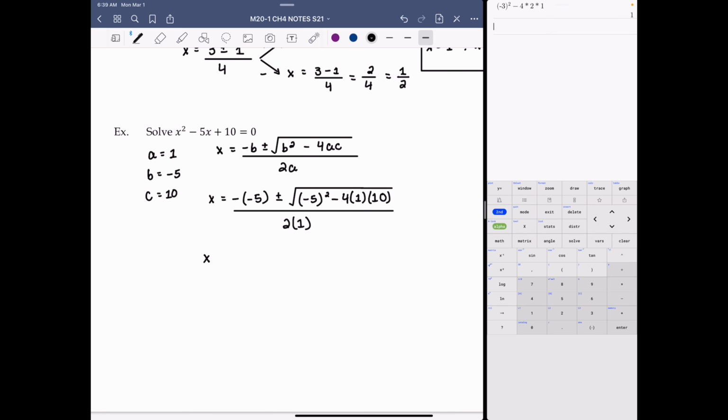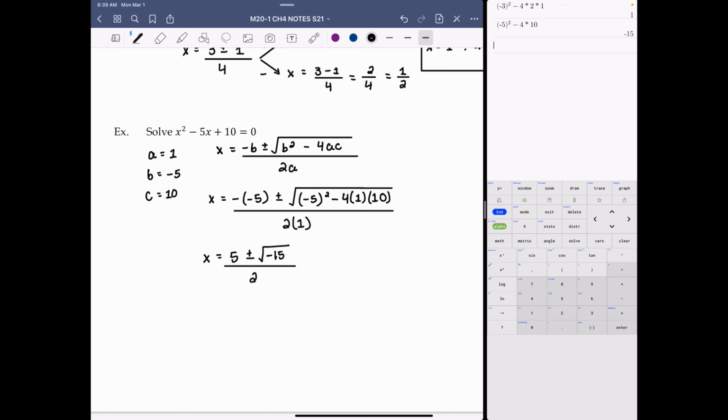And then we start to simplify. Negative times negative 5 becomes positive 5. Plus minus, we want to calculate the square root. So bracket negative 5 close bracket squared minus 4 times 1, which we don't need to enter, and then times 10. That gives us negative 15. So the square root of negative 15, and then divided by 2 times 1 is 2.